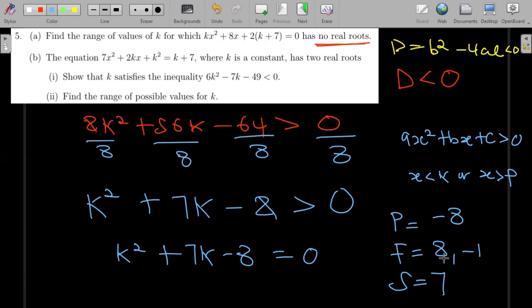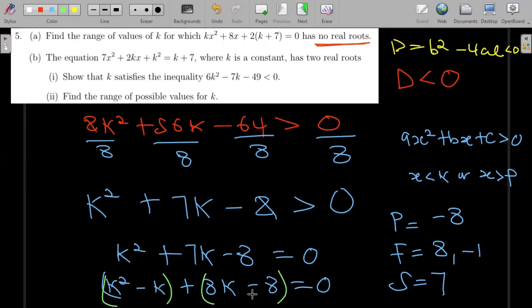So when we add, we get this. When we multiply, we get that. So it means I have k squared minus k plus 8k minus 8 equals 0. Okay, we can group them, this k squared and k together, then this and this together.